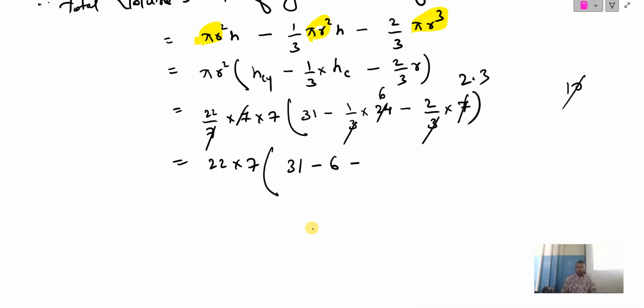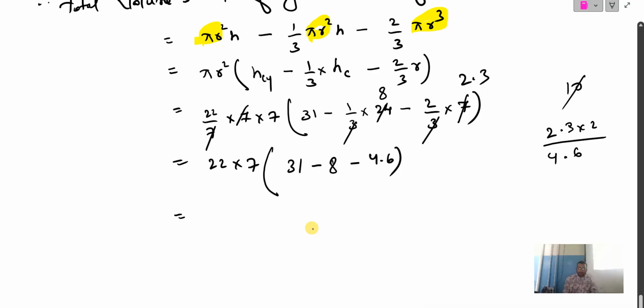Minus 8 minus 4.6 is minus 12.6. So 31 minus 12.6 is 18.4. Now 154 into 18.4 is 2833.6 centimeter cube. So this is the volume.